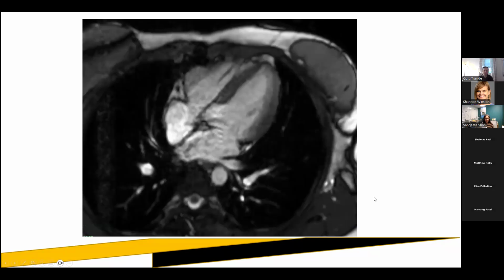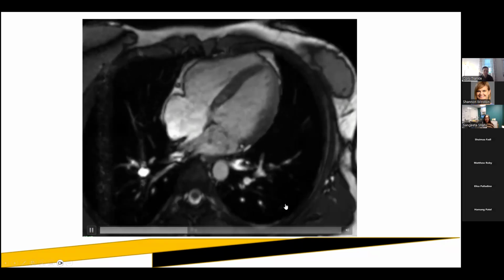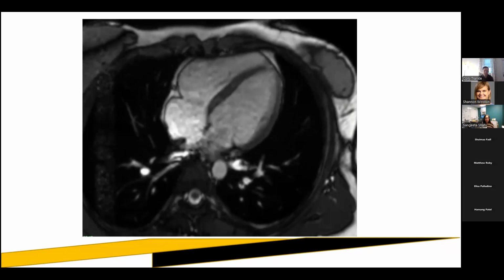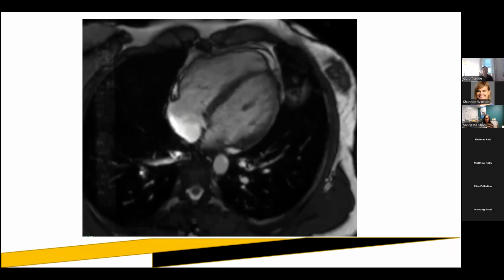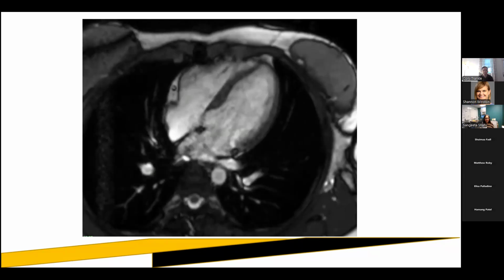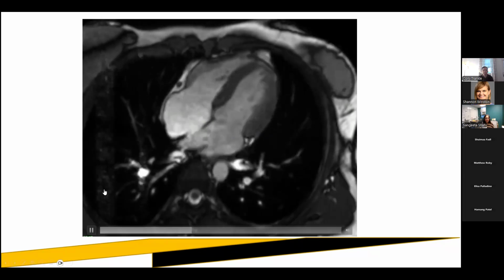Go to the next slide. This is going to run through a 4-chamber stack so that you can look at the atrial septum. Once more. So for the most part, the atrial septum looks okay.